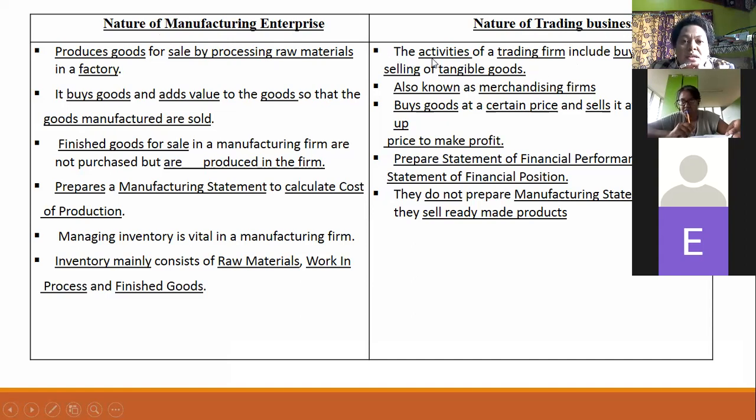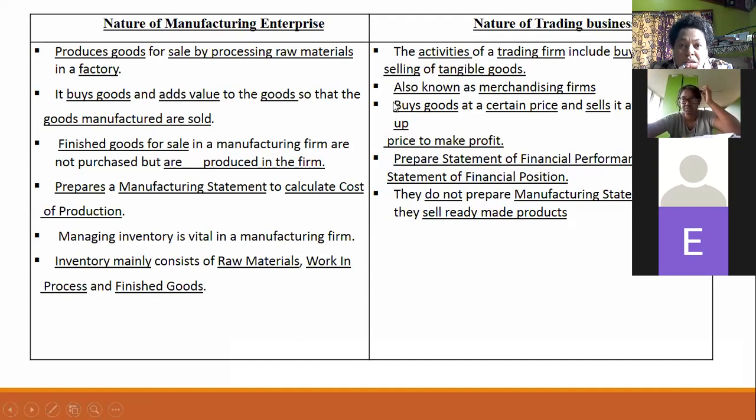First, the activities of a trading firm include buying and selling of tangible goods. These trading firms are also known as merchandising firms. Now, keep in mind, we are looking at finished goods.